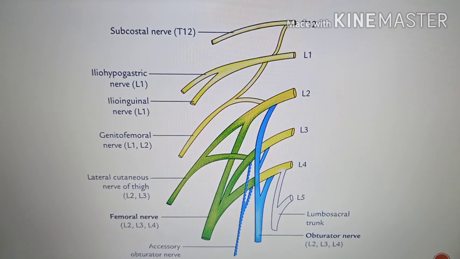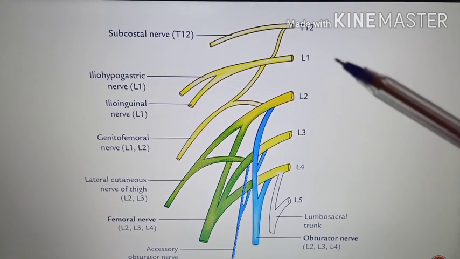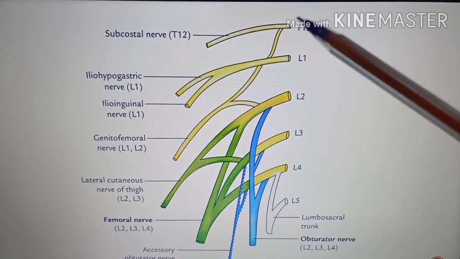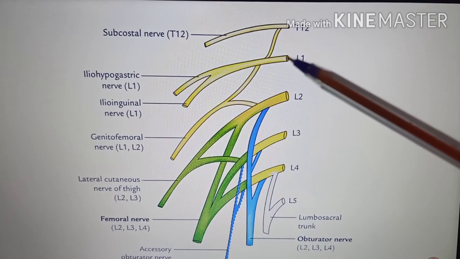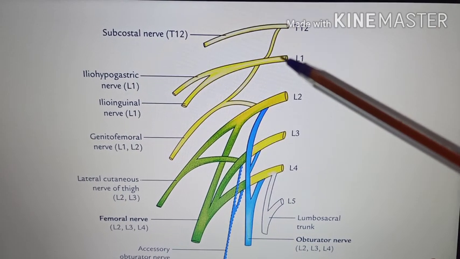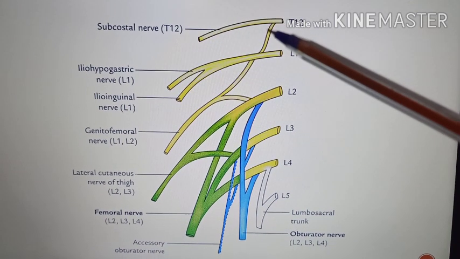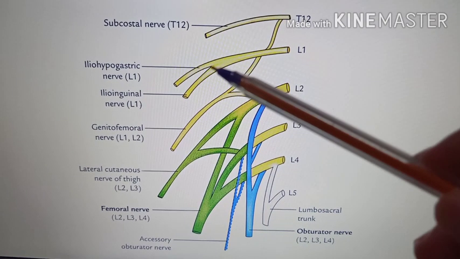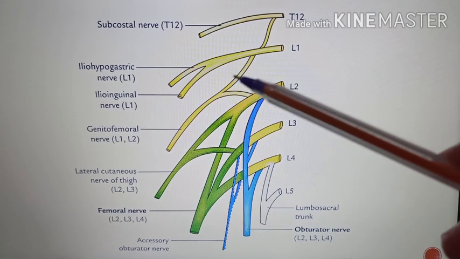So now coming to the formation of the lumbar plexus. You can see this is the subcostal nerve, that is T12. From that a twig is arising over here, and this is L1. So this ventral ramus of first lumbar nerve, after it receives a twig from the subcostal nerve, divides into an upper larger branch and a lower smaller branch.